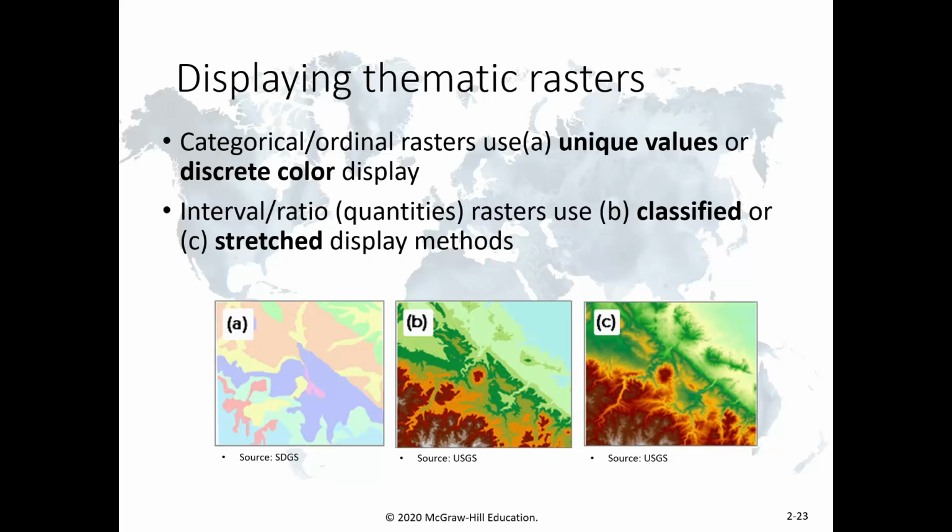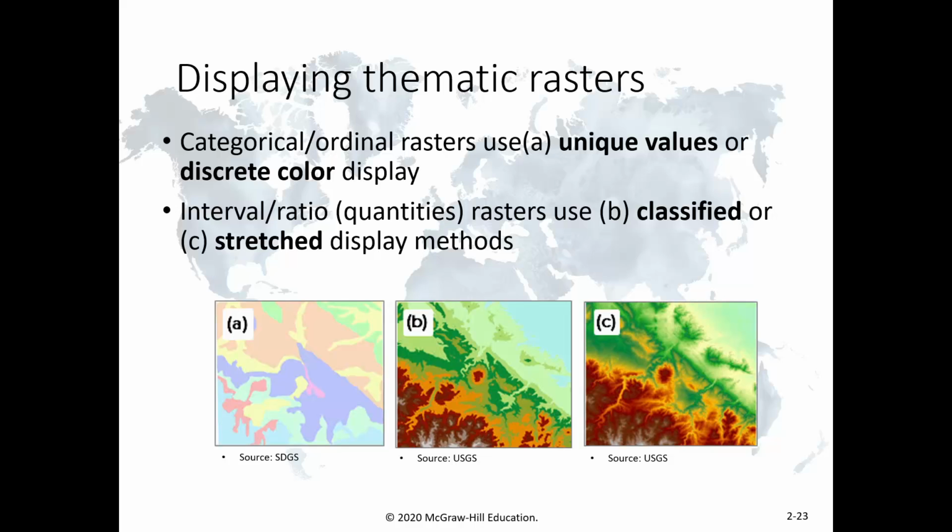Ultimately, it allows for more colors to be displayed depending on the data that is represented in each of the raster cells or those raster pixels, which allows us to get a much more detailed image.